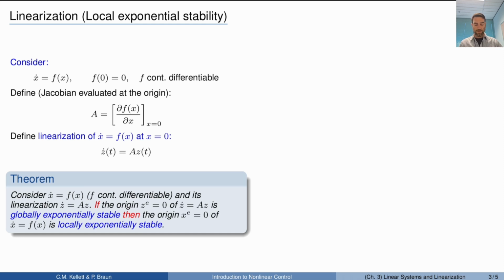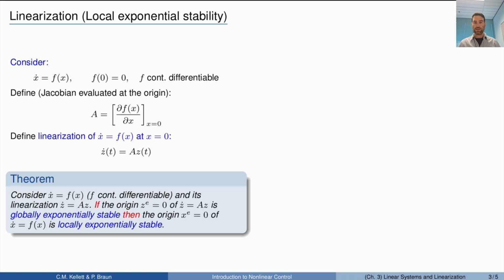Namely, if the origin z equal to 0 is a globally exponentially stable equilibrium for the linear system, then this implies that x equal to 0 is a locally exponentially stable equilibrium for the nonlinear dynamical system. So we've seen on the previous slide that for a linear system, local stability properties are also global.